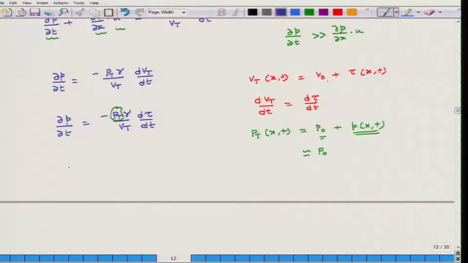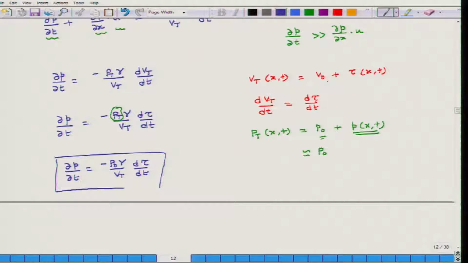So, I write this relation finally as partial of incremental pressure with respect to time is equal to minus P naught gamma over Vt d tau over dt. So, that is the gas law, and it is based on adiabatic process.